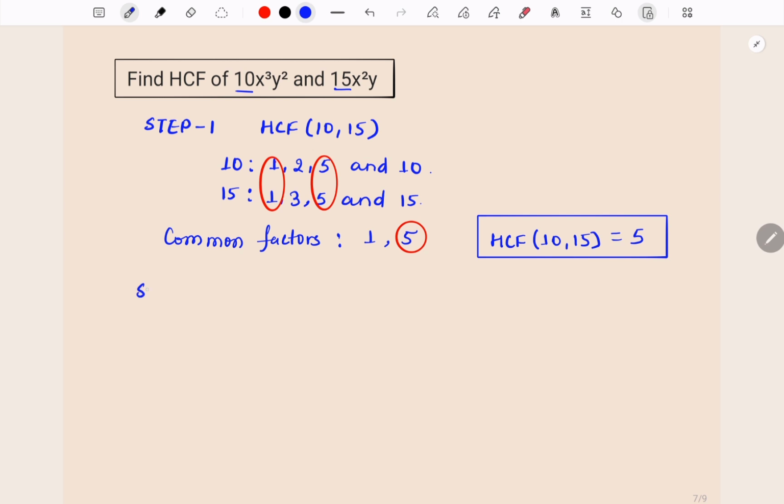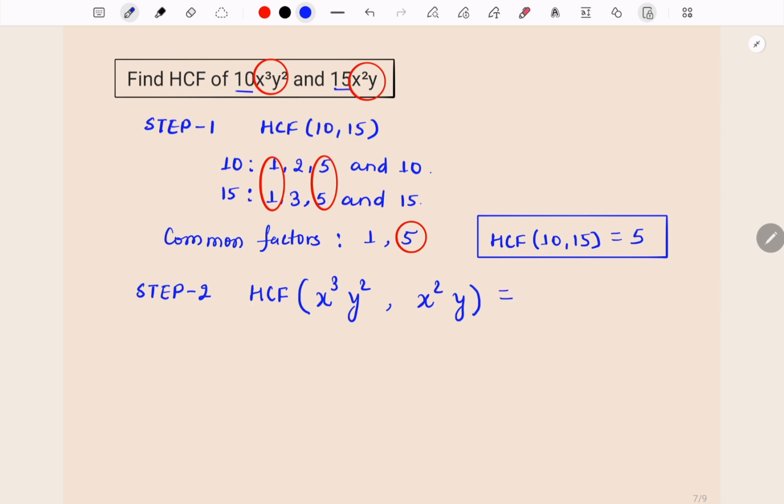Now let's do the step 2, and step 2 deals with the letters. Here we have x cubed y squared, and in the second term we have x squared y. So we need to find the HCF of x cubed y squared and x squared y.